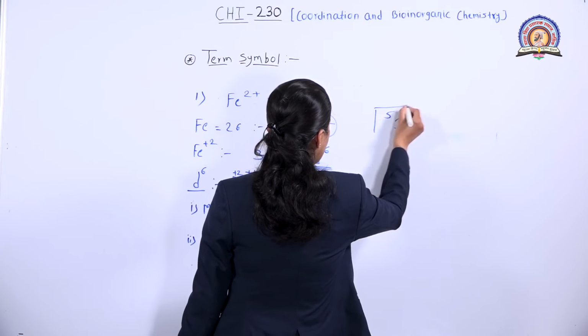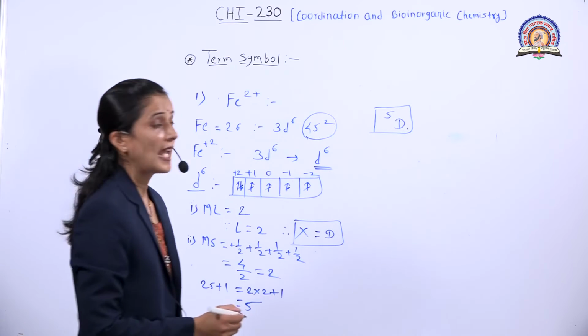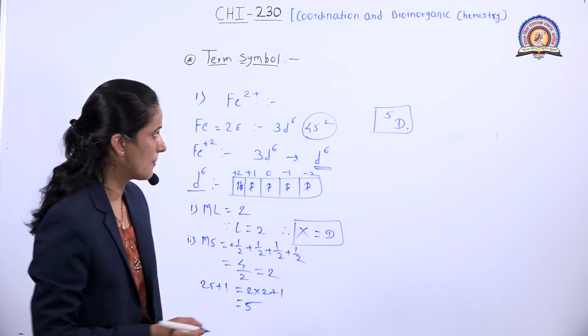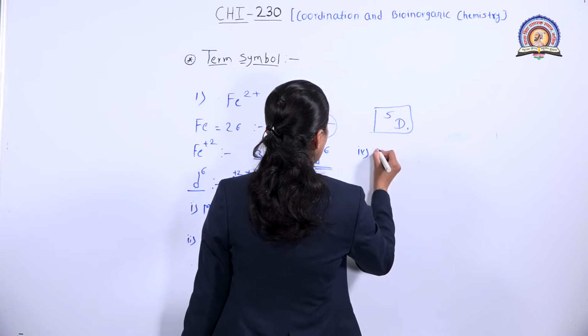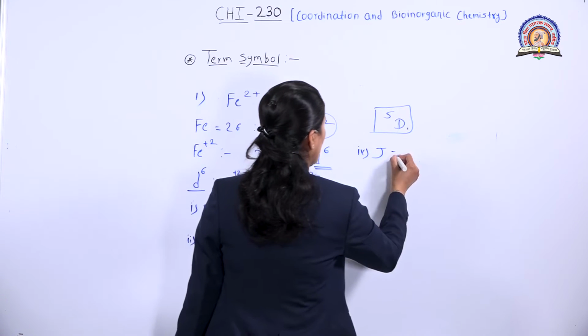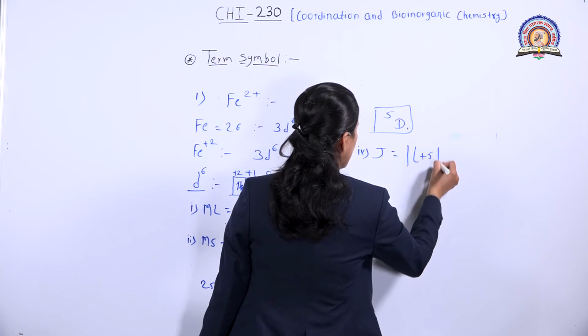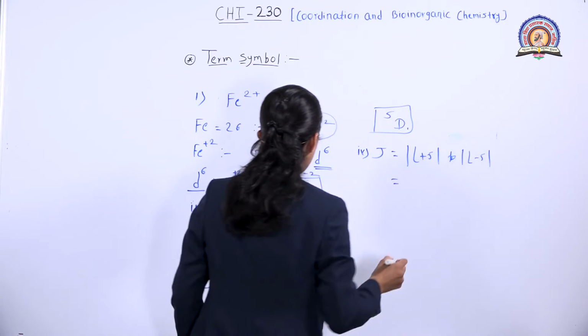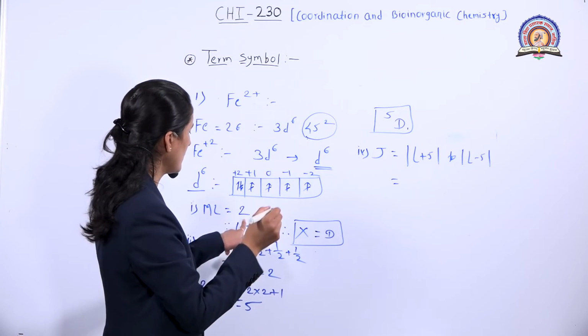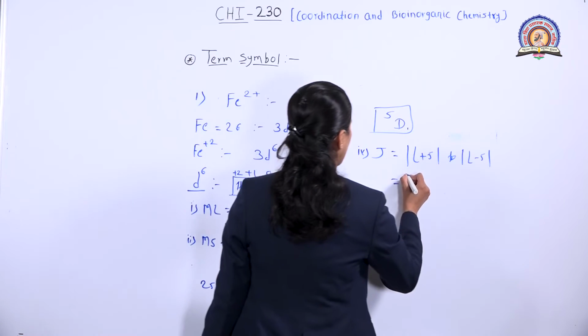This is our RS term, but the calculation for J is still remaining. So let's see the calculation for the J value. As usual, L plus S to L minus S. What is L? L is 2 and S is also 2.